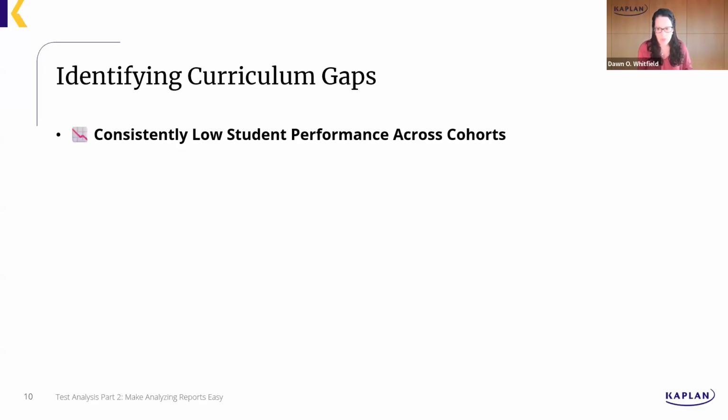First, repeated low scores across different student cohorts suggest that the problem lies not with a specific group of students, but with how and what is being taught. If the same grade level underperforms year after year, it's a strong sign that there's a curriculum gap or instructional breakdown.